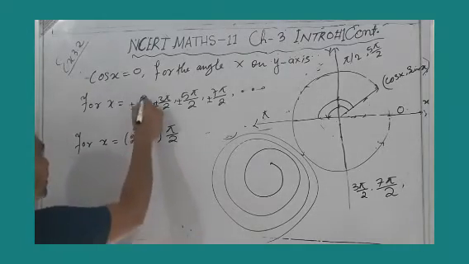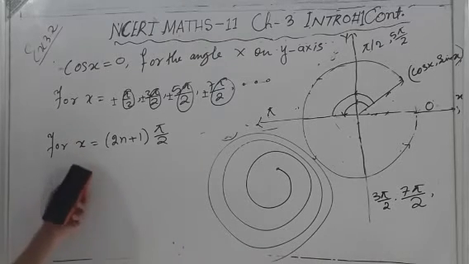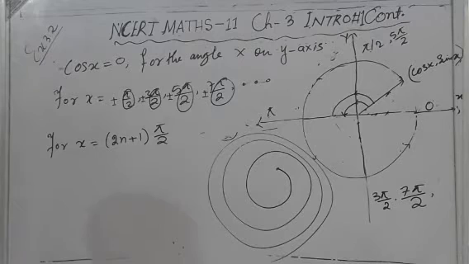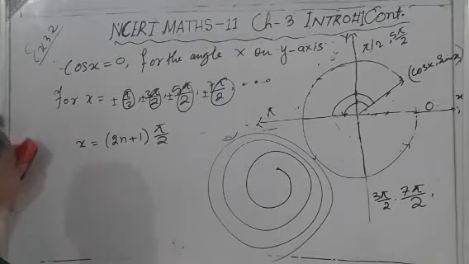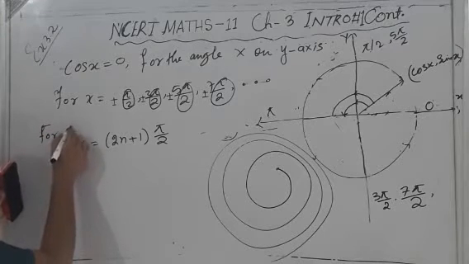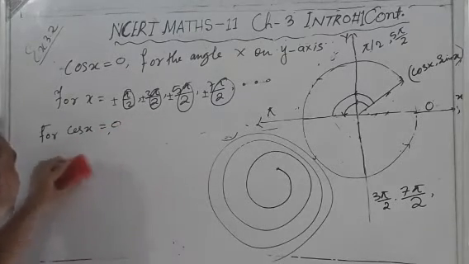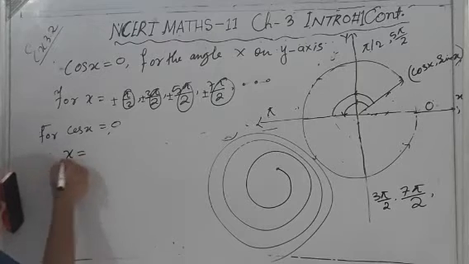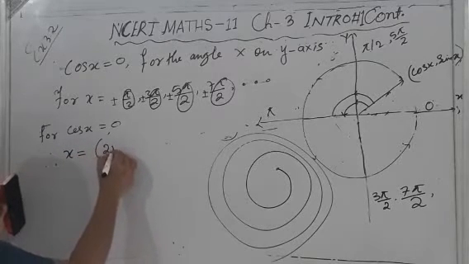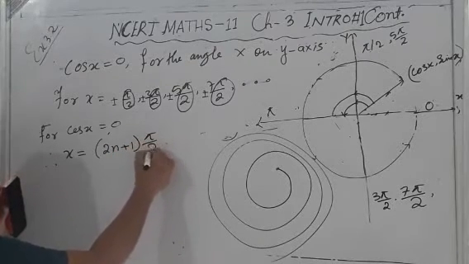Just you see, pi by 2, here also pi by 2. So we can write for x equal to 2n plus 1 into pi by 2, it is an integral multiple. Here you write: for cos x equal to 0, therefore x is equal to 2n plus 1 into pi by 2.